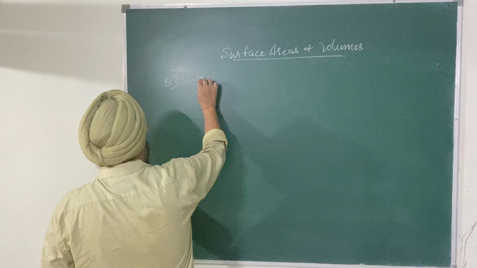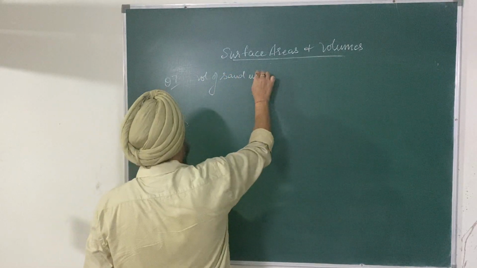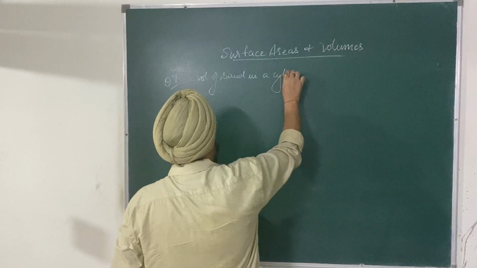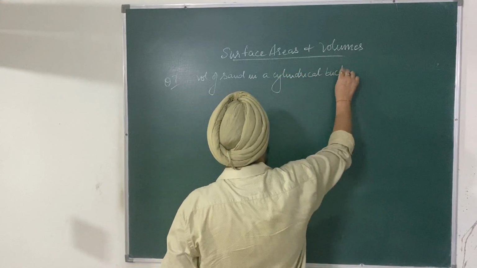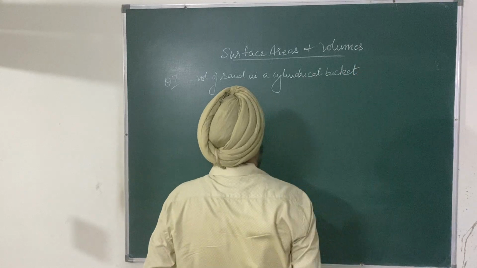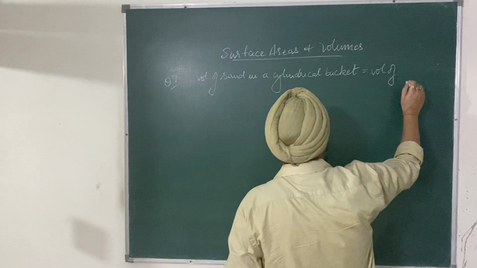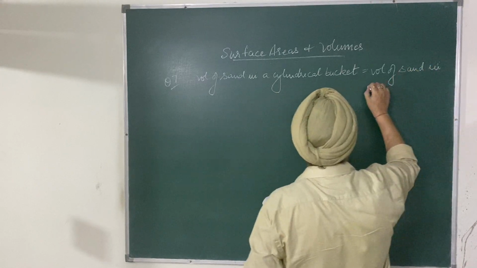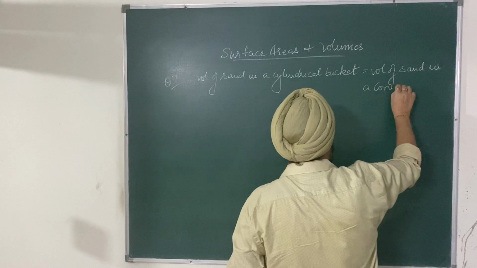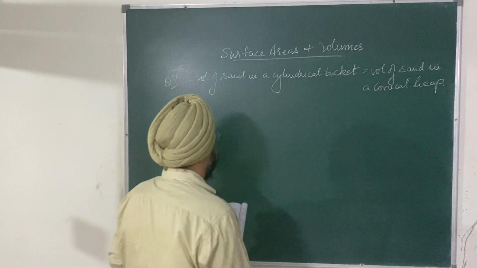So according to the question, the volume of sand in a cylindrical bucket is equal to the volume of sand in a conical heap.